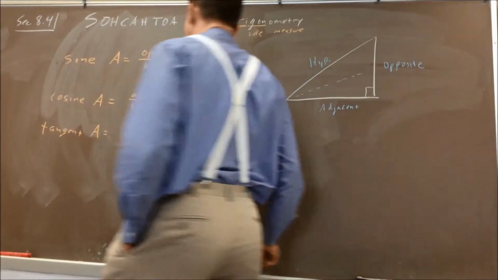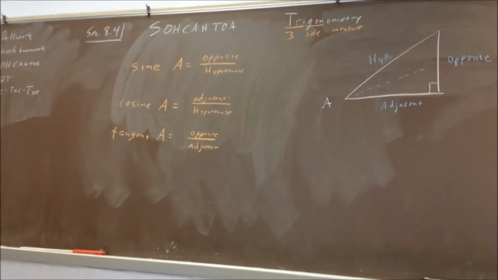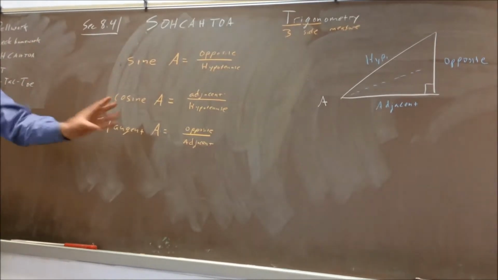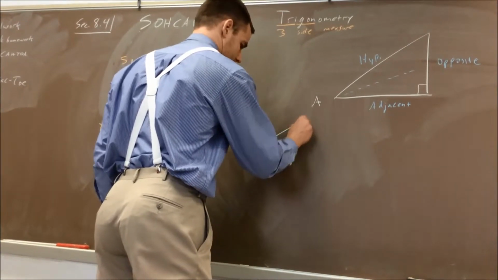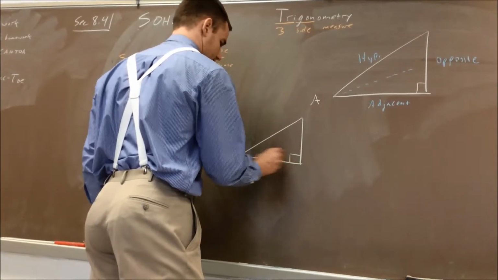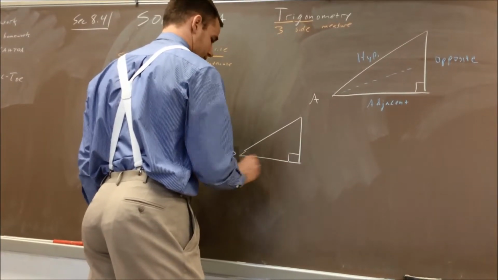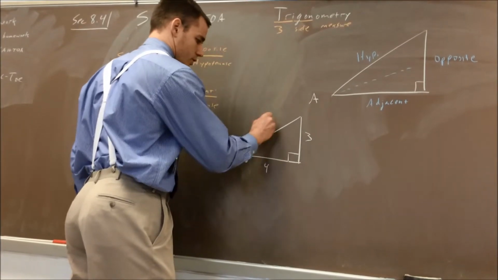Right now, we're just going to be getting comfortable setting up the ratios here. We're not solving these yet. We're just setting them up. So I'm going to put some triangles up here. We're going to call this angle B. We'll use a simple right triangle here, 3, 4, and 5.